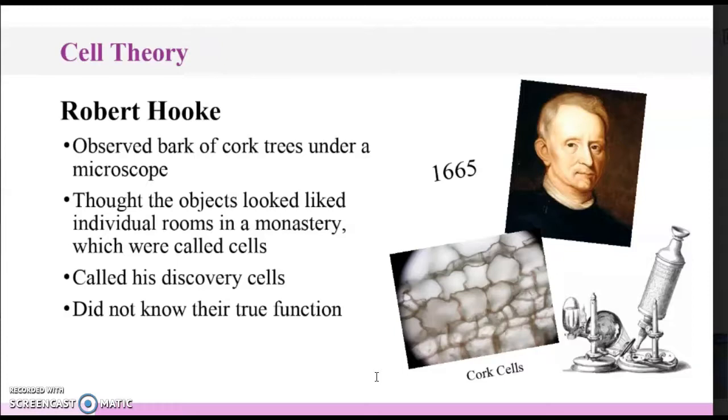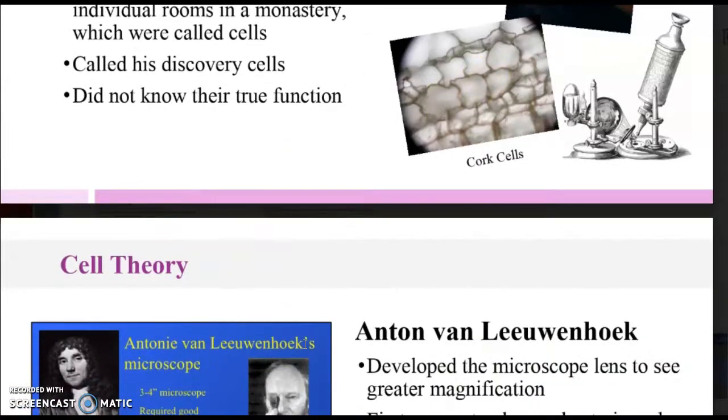I guess here they said it looks like a monastery instead of a prison cell, but really that there were these features of living tissue that were divided up into these little block-like structures called cells. But he didn't really know what they were or what they would do.